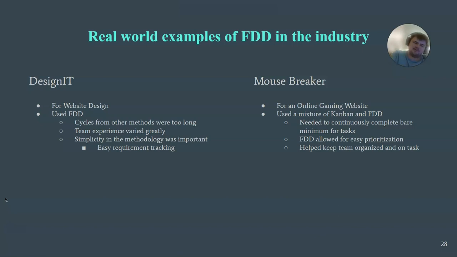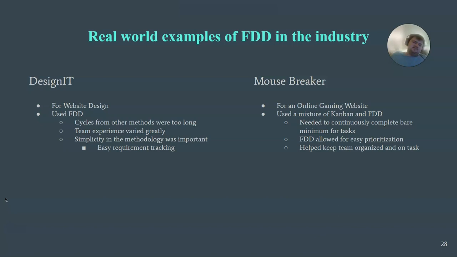With website design being simpler in nature, tasks generally only take a day or two at most, and client feedback is necessary every time one of these tasks finishes. Furthermore, team experience for Design IT varied greatly, and feature-driven development allowed team leaders to pick tasks assigned by the project manager and then individual team members to simply work on those tasks.